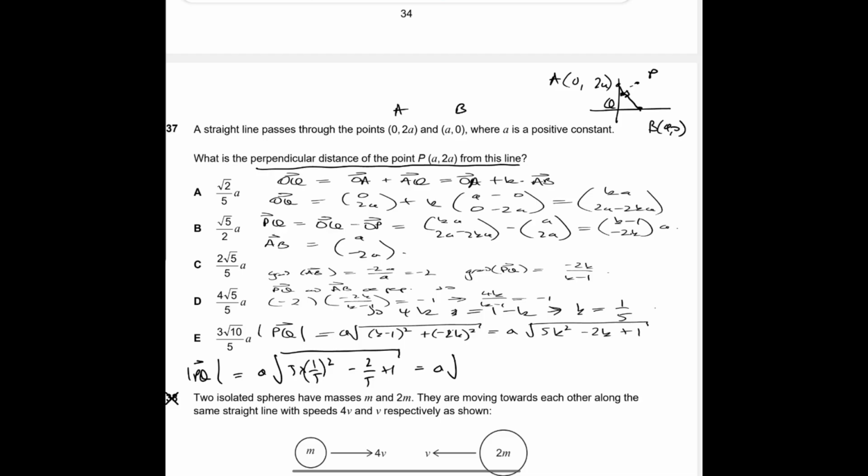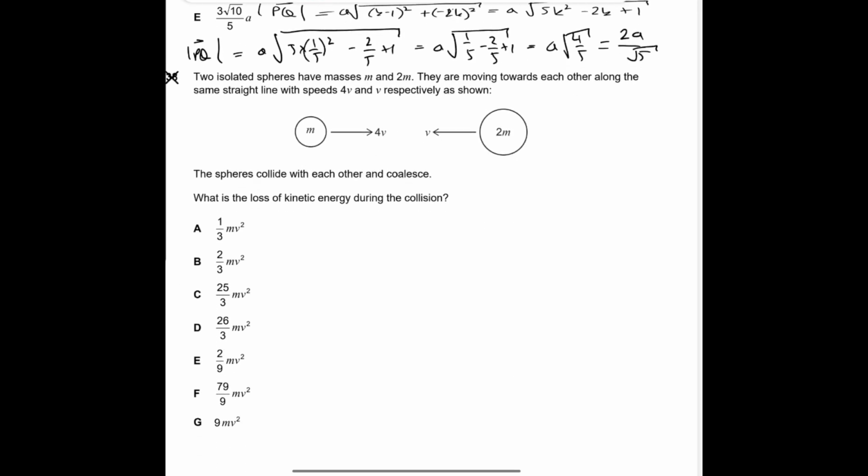This will be a times the root of 1/5 minus 2/5 plus 1, which equals the square root of 4 over 5, which is 2a over root 5, which is 2 root 5 over 5 a. So that's distance PQ.